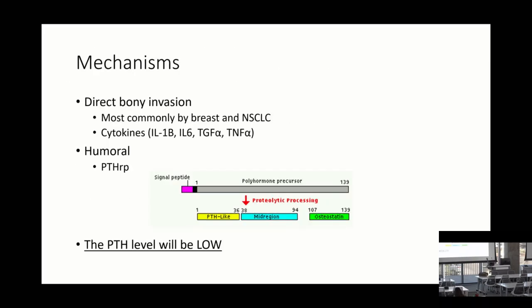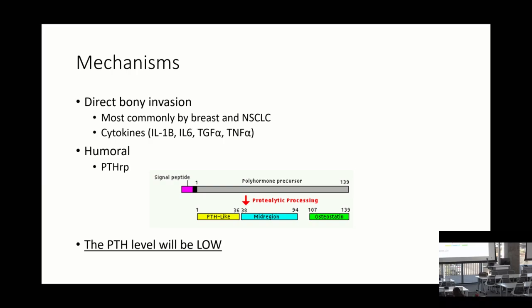We talked about direct bone invasion, which is most common with breast and non-small cell lung cancer, and then cytokines produced by cancer cells. But you can have a humoral effect. So humoral, like PTH-RP, this is the structure of the PTH-RP, and that can lead to activation of the PTH receptor, even though it's not PTH.